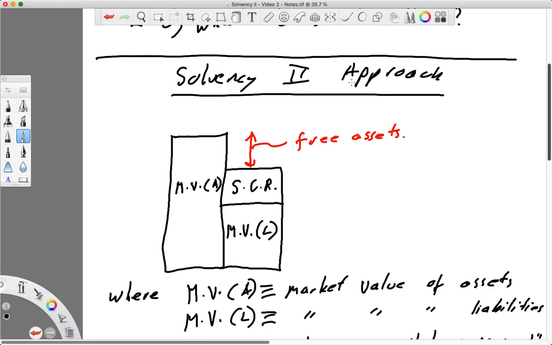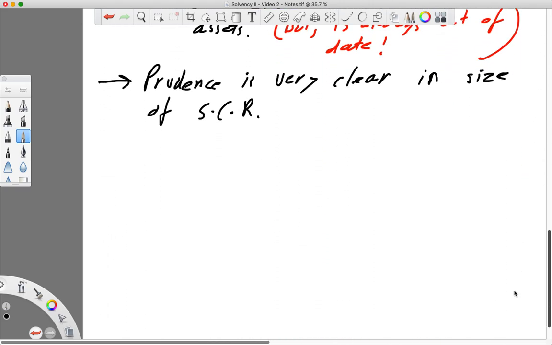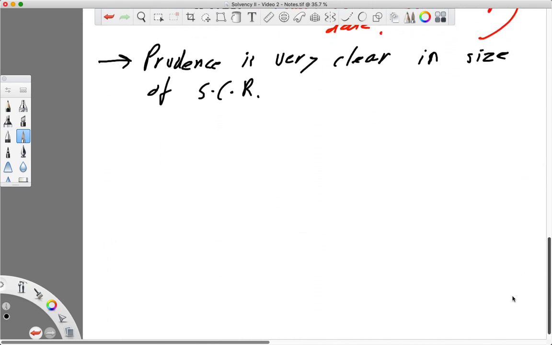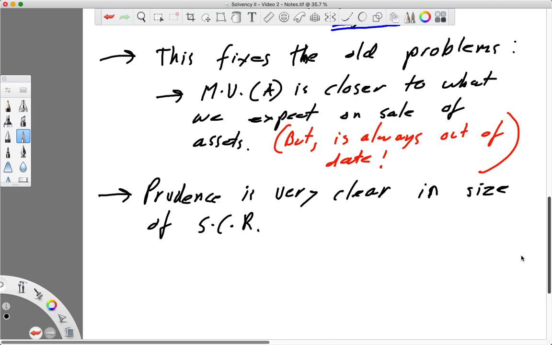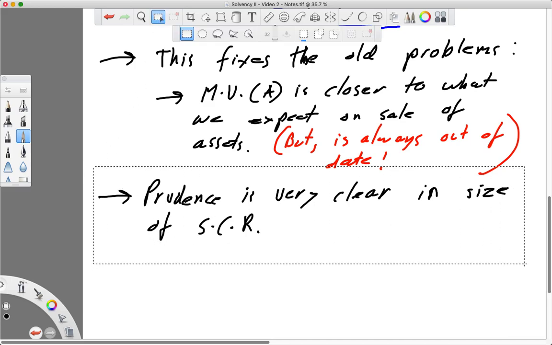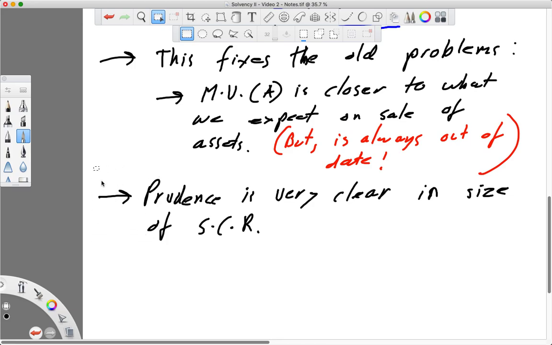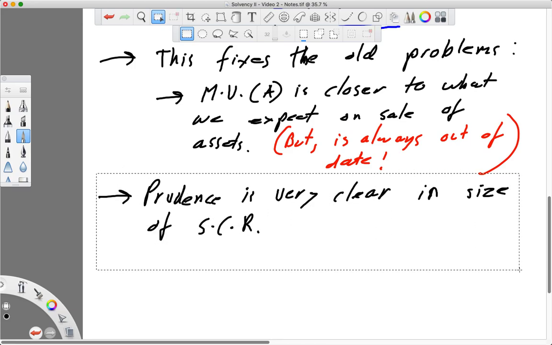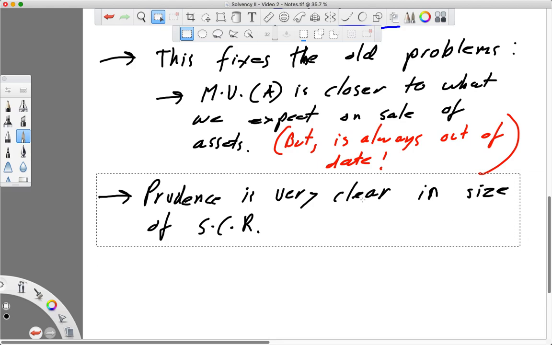However, although we're fixing some of the old problems, we do get some new problems. This bullet should have been slightly moved. Let's see if I can quickly move this.